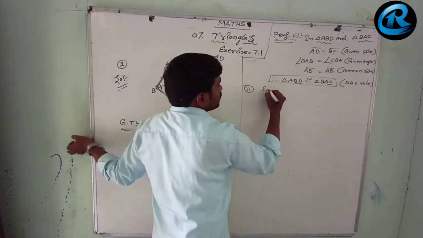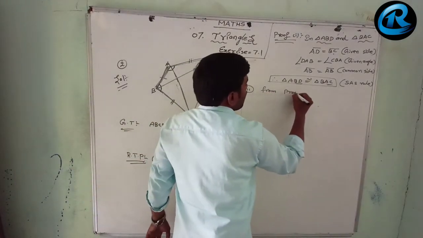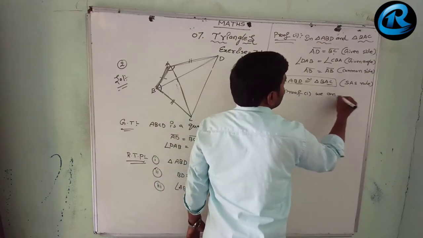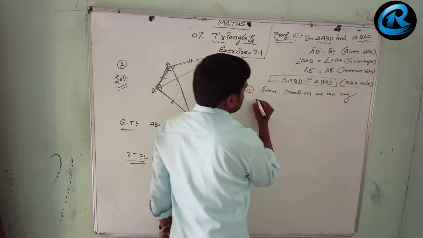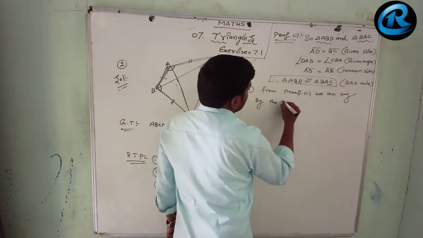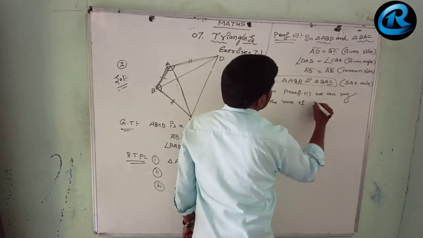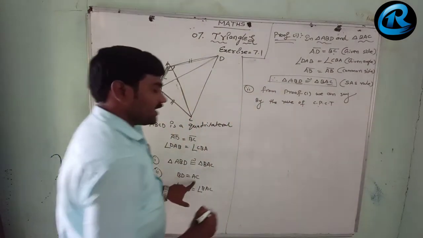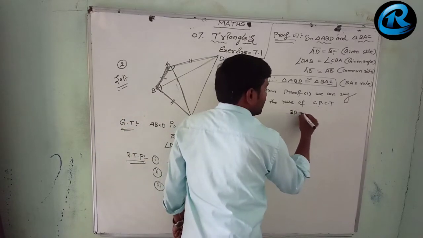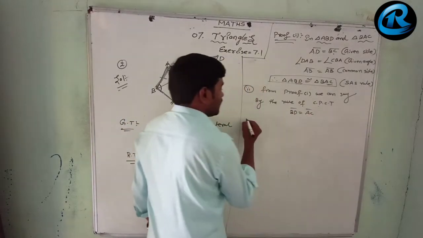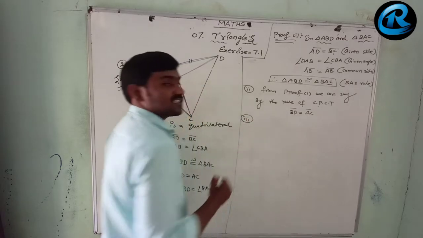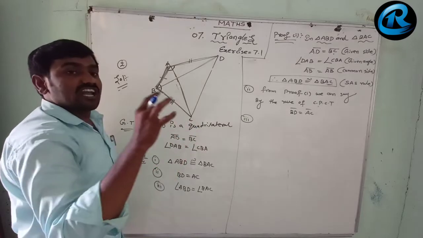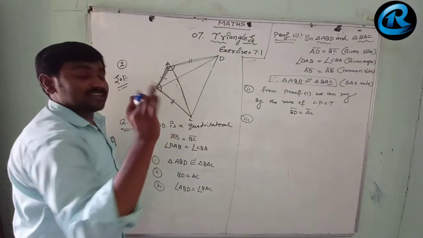So from proof number 1, by the CPCT rule, here we can say BD equals AC. These two are equal. That means corresponding parts of congruent triangles are equal. This BD and AC are corresponding parts of these two congruent triangles.